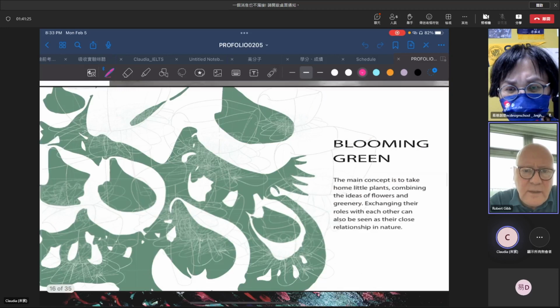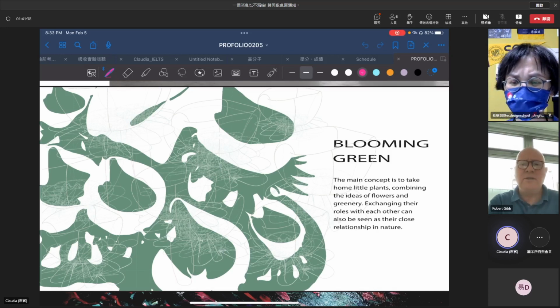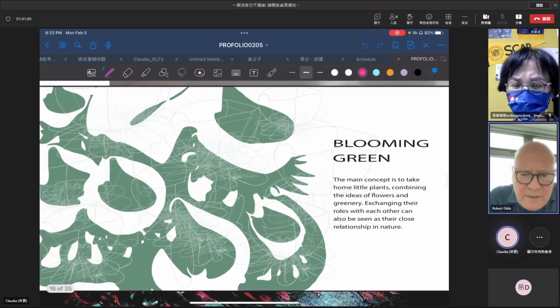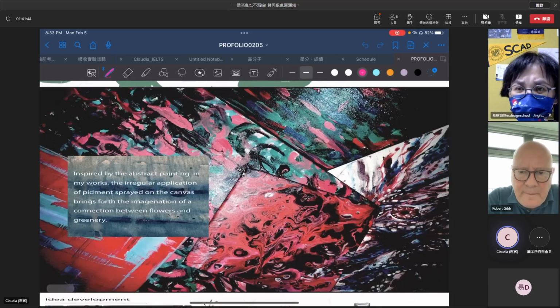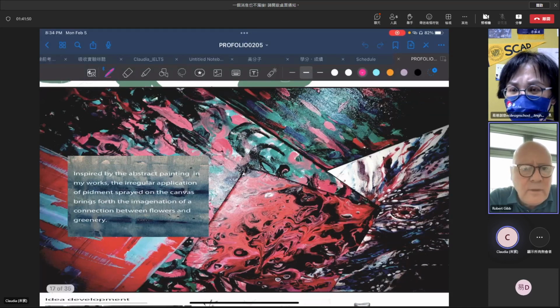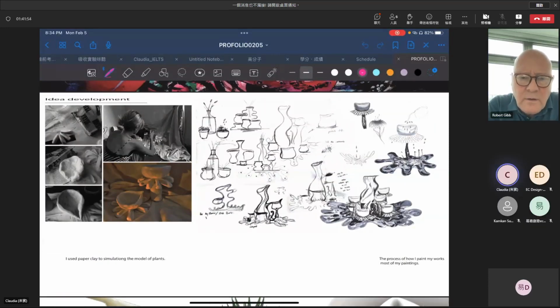And this is project 3. Okay, so taking home plants. It's a little plant. I was inspired by these paintings, and it will look like this.